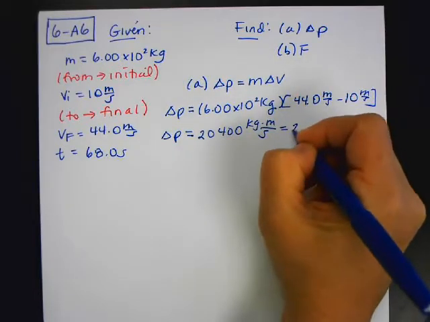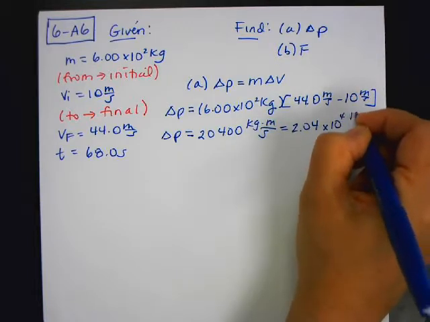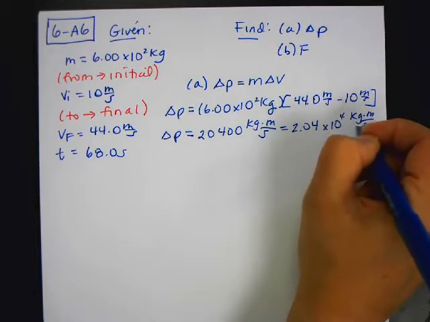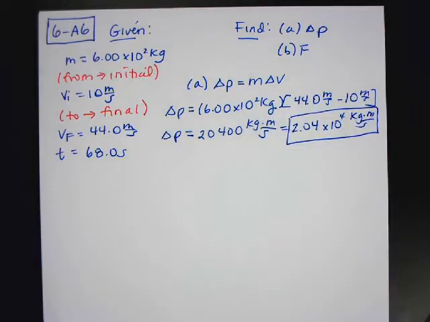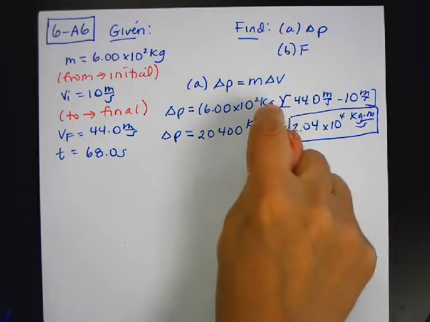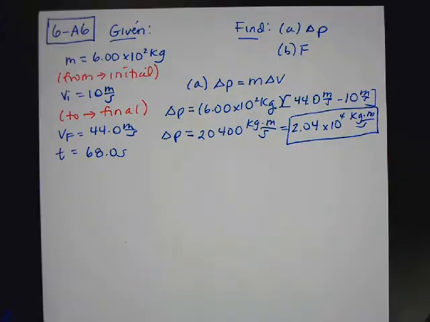And then in my correct significant figures, 2.04 times 10 to the 4. And a kilogram times a meter per second is a kilogram meter per second, which is the correct unit for momentum.